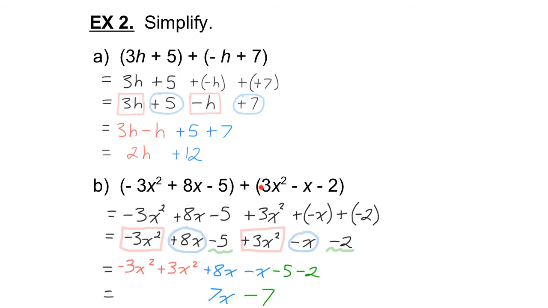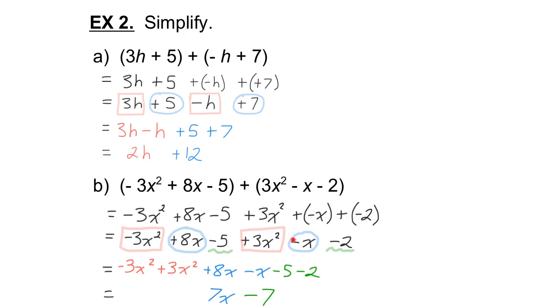So we're adding 3x squared, we're adding negative x, and we're adding negative 2. The double signs simplify, so if we're adding a negative, that's just minus. Now I'll find my like terms, negative 3x squared plus 3x squared. Same variable, same exponent on the variable.